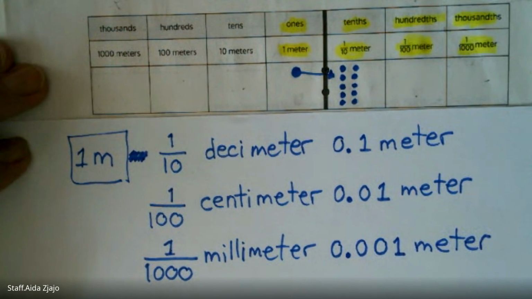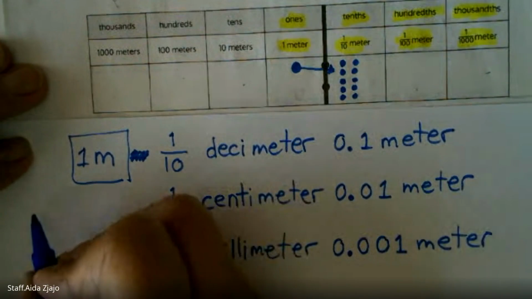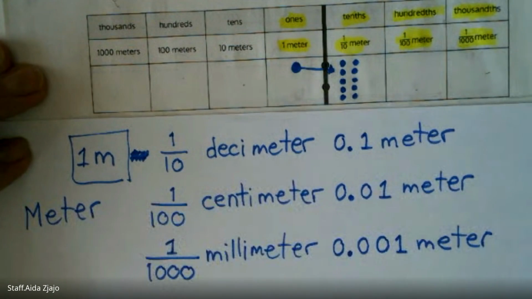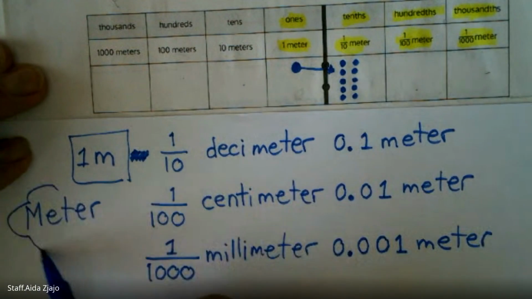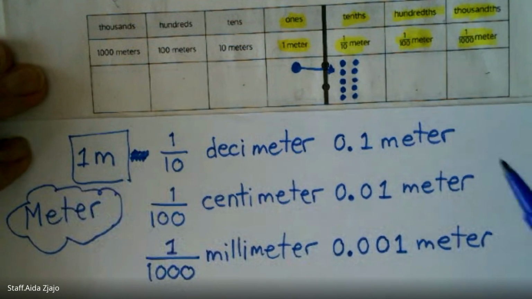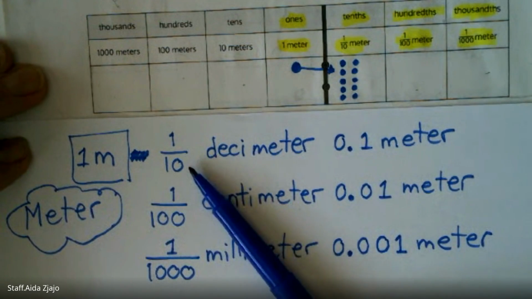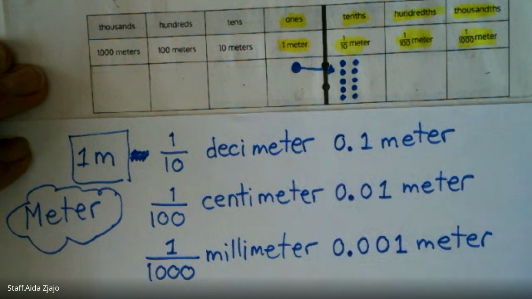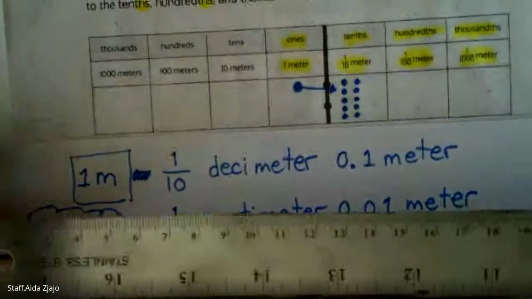Okay, so everything starts with a meter, and then if I cut the meter into 10 pieces, 1 piece is called a decimeter, and I will show you on the ruler. It looks like this.